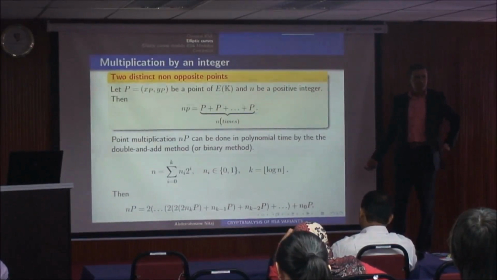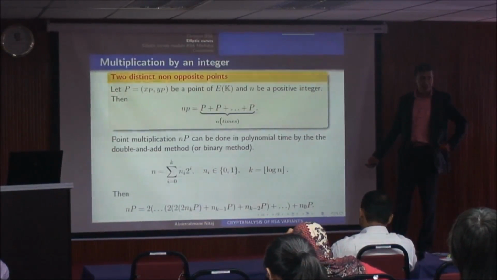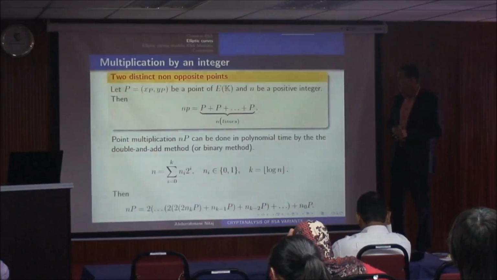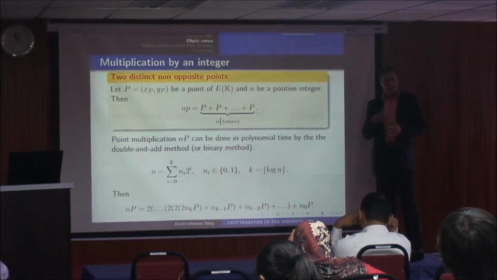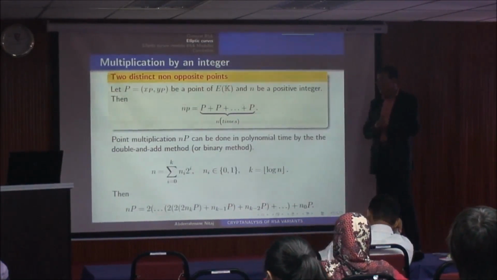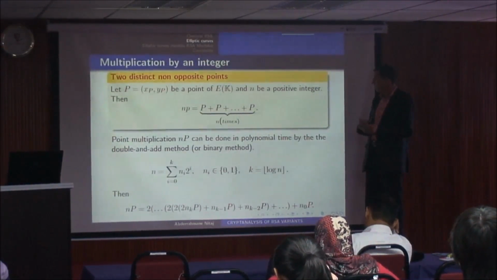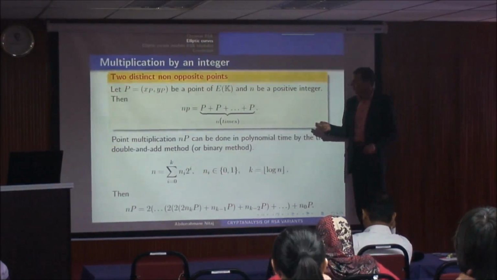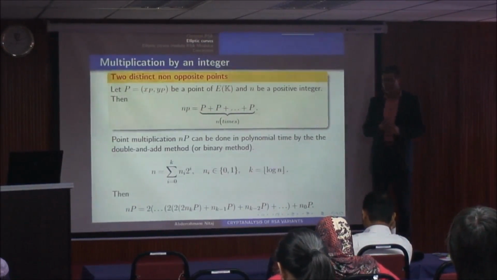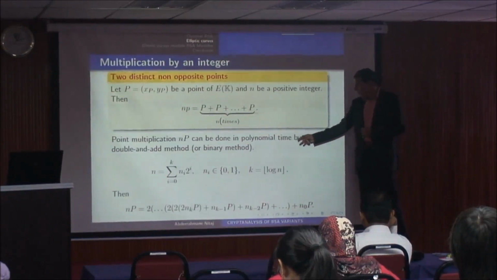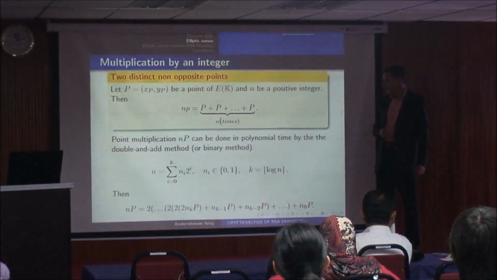This method is called the Horner method. So the Horner method applies for elliptic curves, and it's very efficient to compute n times P. And in cryptography, mainly when you use elliptic curves, we use the product of points with a large number n. So n times P is important for cryptography, and the efficient way to compute n times P is to use the binary method.